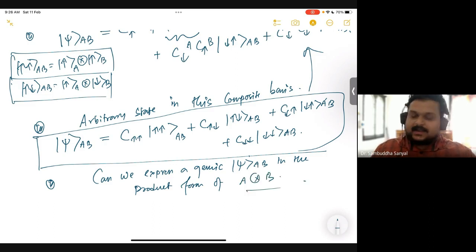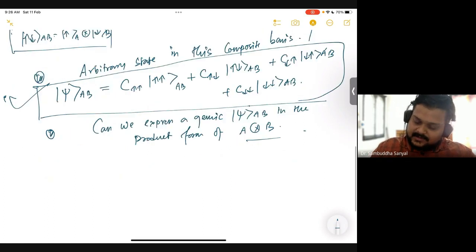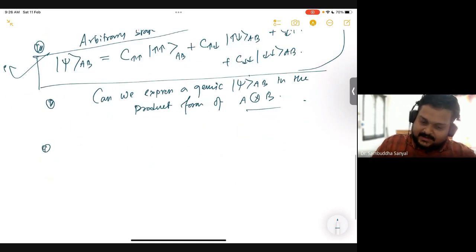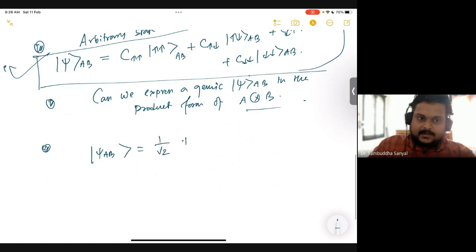Let us see an example of what it means when I say it is impossible to write. There are states where I cannot write this in this form. Such a state is simple: the entangled state. So let's take a psi AB which is entangled, which is up down.